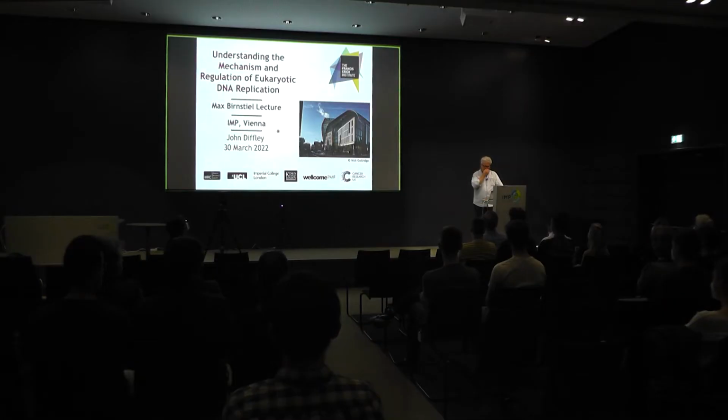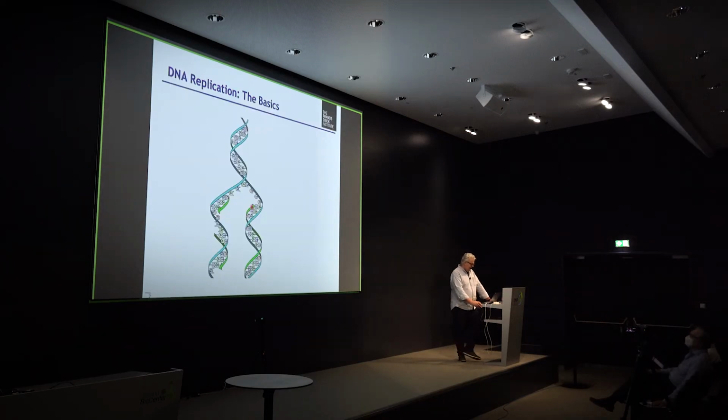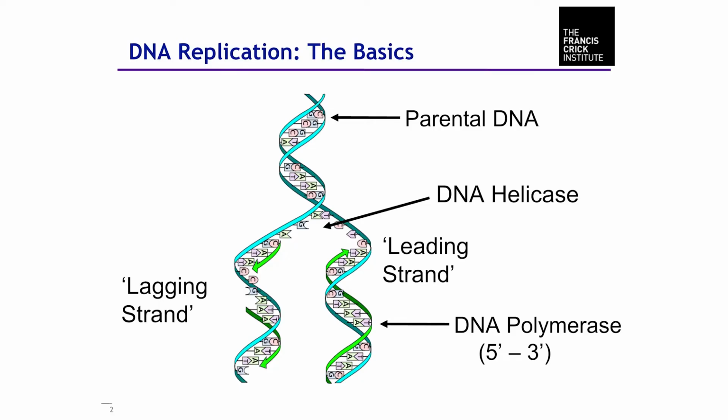So, as Jan and Richard mentioned, I've been working on DNA replication for a very, very long time. And fundamentally, replication is pretty simple. We all know it from textbooks. You take parental DNA, double-stranded DNA, and each of the two strands acts as a template for the synthesis of new DNA.